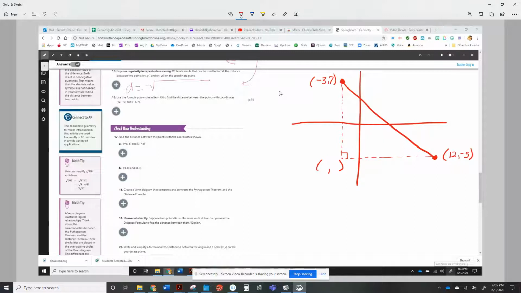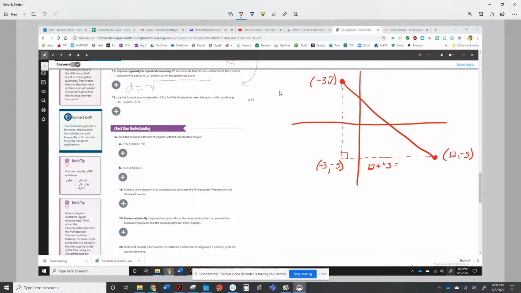Because remember, we know what the coordinates of that point are right there. That would be left 3, but it would be down 5. So how long is the horizontal line? It's how far apart the x values are. So the right side right here, 12 minus a -3.